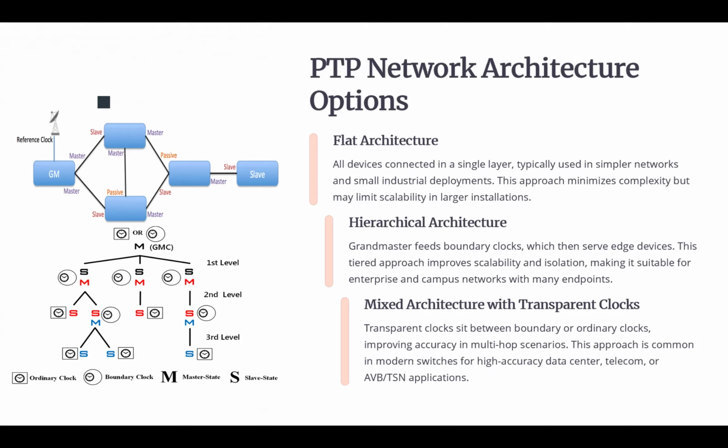As we said, it reduces the load on the grandmaster, basically by limiting how many devices are connected to the grandmaster, and improves the scalability, and also helps isolate timing problems between the sections that we have in our system.